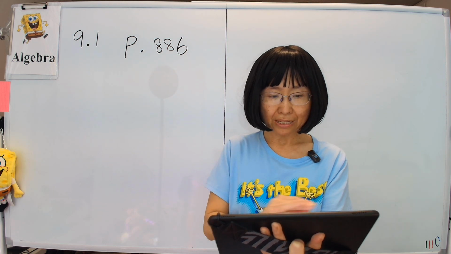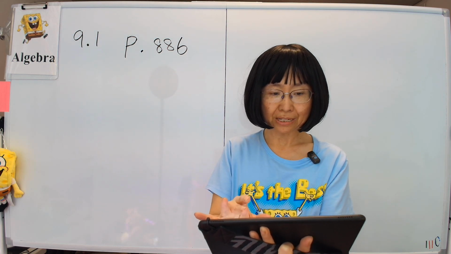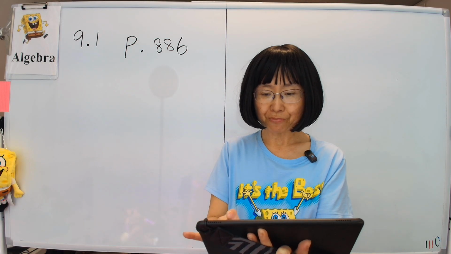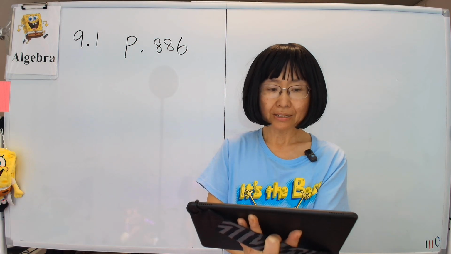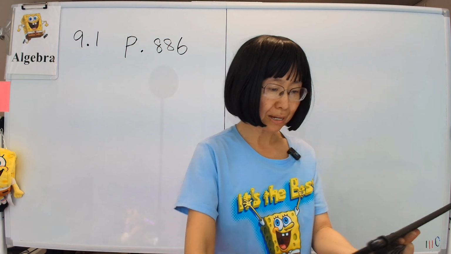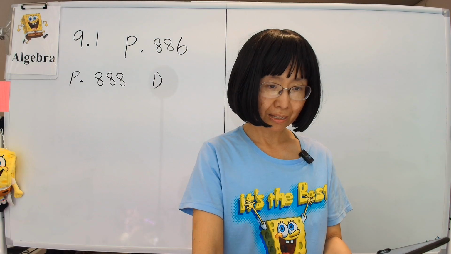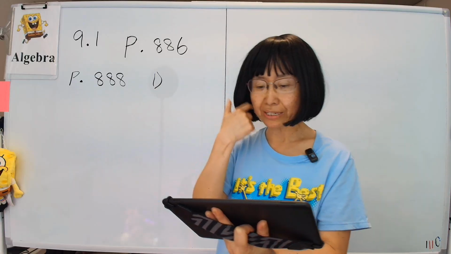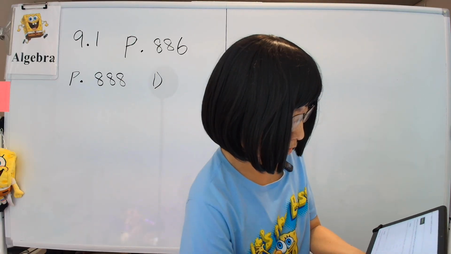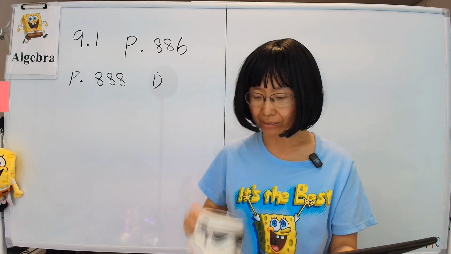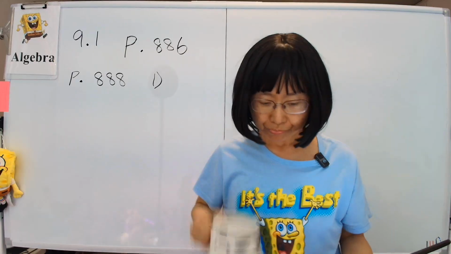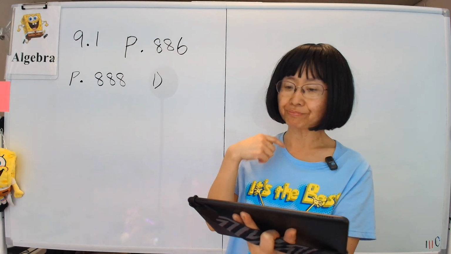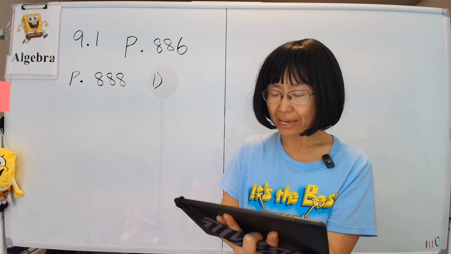Now let's look at example 1 on page 888. And what are we doing here? We're looking at the sequence a_n equals minus 3n plus 8. We need to just write them out. The sequence is given as minus 3n plus 8.